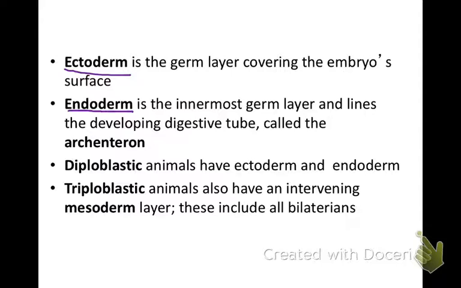Diploblastic animals only have ectoderm and endoderm, and the triploblastic animals have a cell layer in between the ectoderm and endoderm called mesoderm, meso meaning middle.